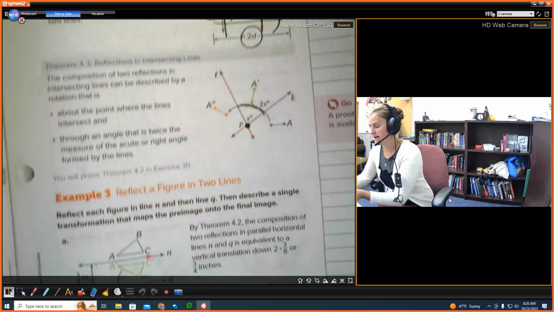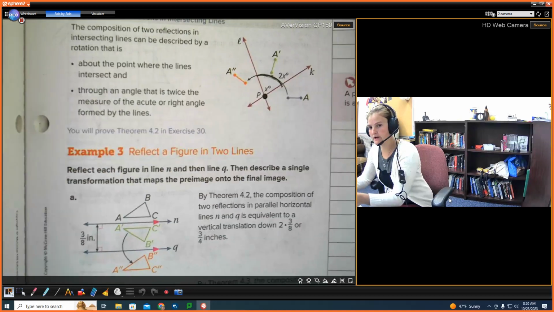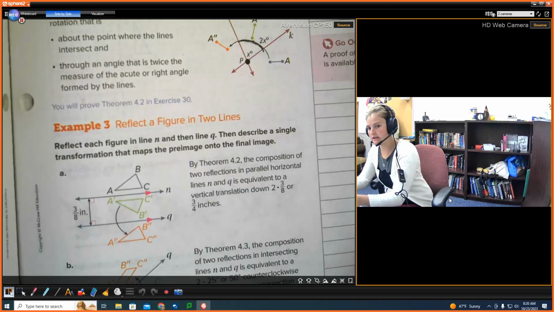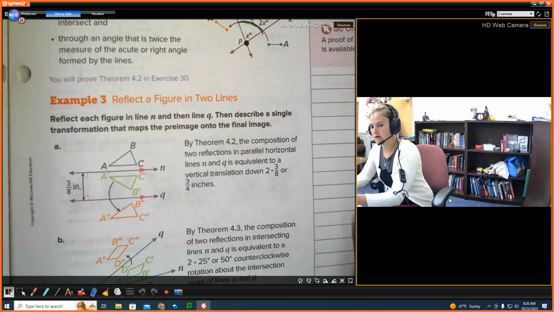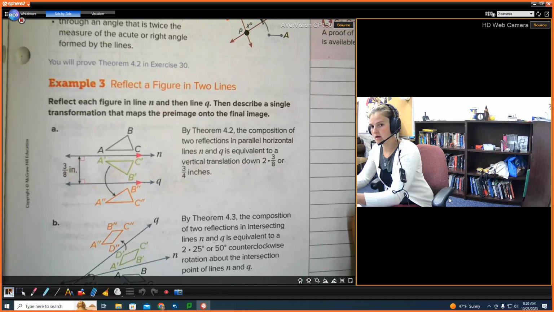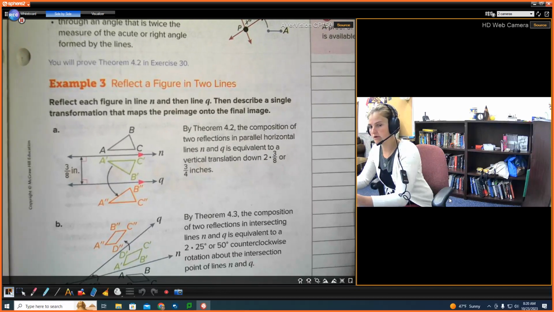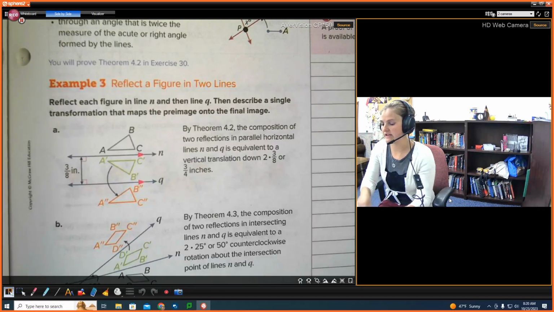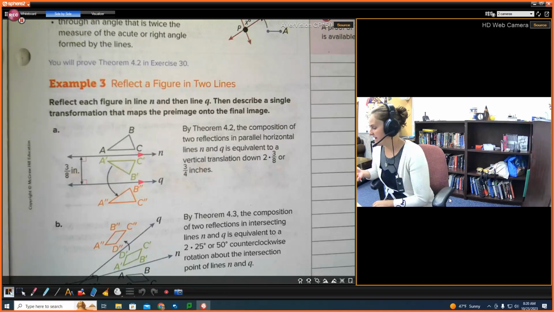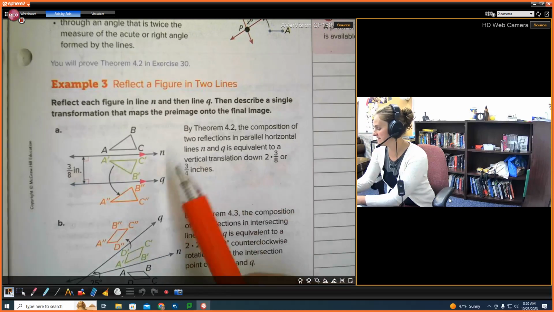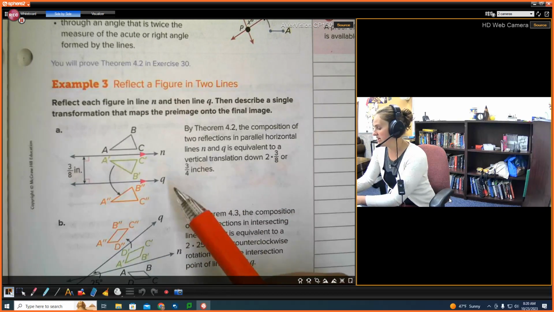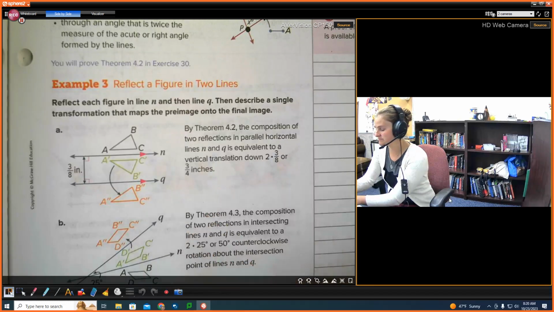So that being said, we're going to do example 3. We're going to do it in the book. I haven't decided if we'll write it down or not. So reflecting each figure in 2 lines. So this first one, is this going to be a rotation or is it going to be a translation?